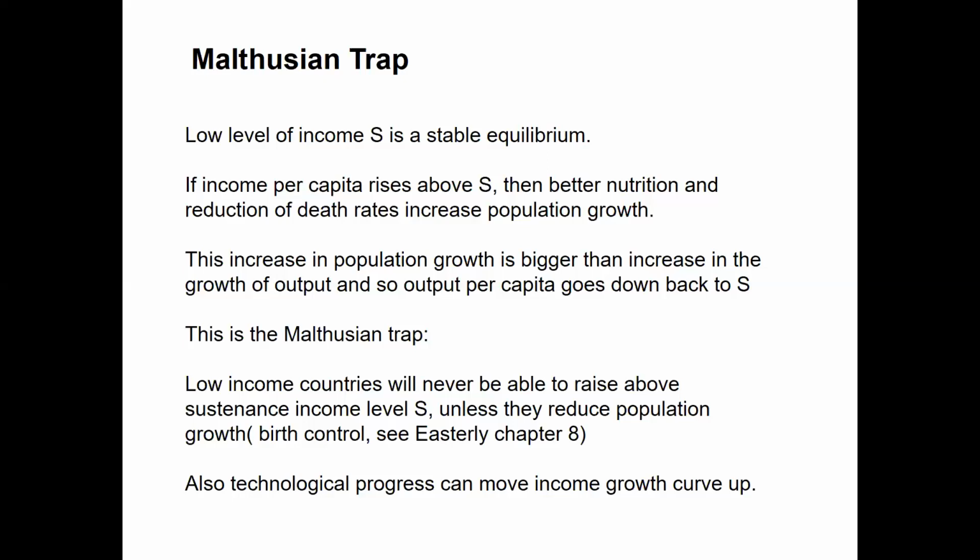This increase in population growth is faster than the increase in growth of output, and so per capita income actually goes back down, and you end up back in the same situation you were in initially. This is the idea of a Malthusian trap: low-income countries will be stuck at a low level of income, because as soon as they start growing, this leads to a reduction in death rates, and very fast population growth, which in turn brings income per capita back down.